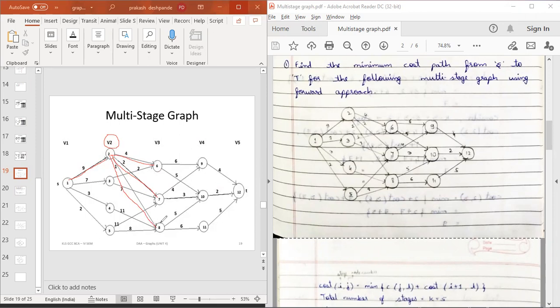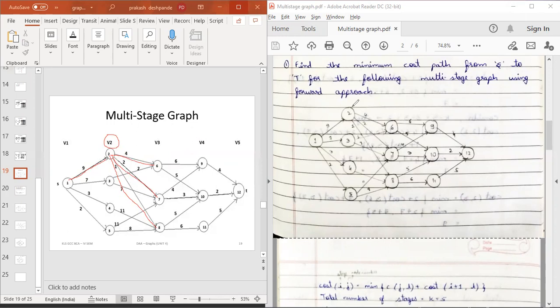Then there are three different paths. I need to calculate how much it will cost if I go in these particular directions. So at every stage, I need to make decisions. And in every decision we have to select the minimum cost, so that we can reach the destination with the minimum cost for every edge.